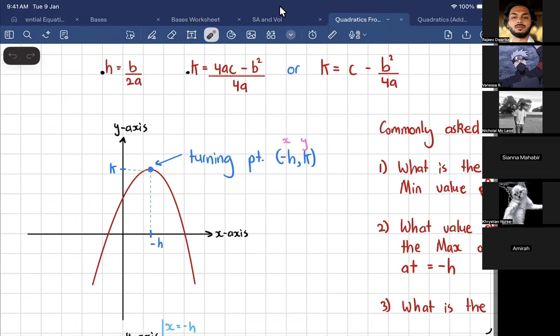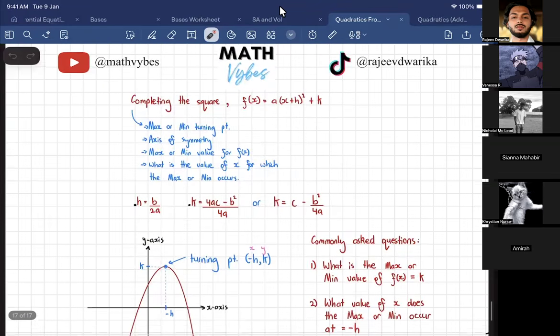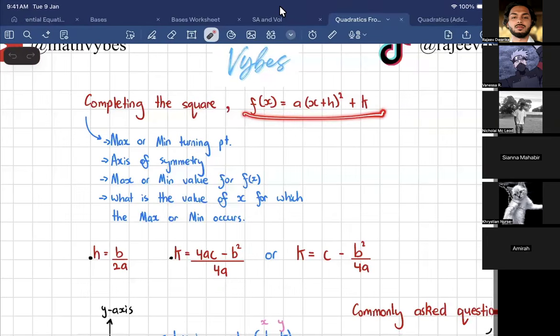When you're writing the completing square form, whatever you find h to be, you just put that over here. You're not going to negate it or change the sign. Whatever you find h is over here, just write it over here. So if I found h to be equal to 5, right?